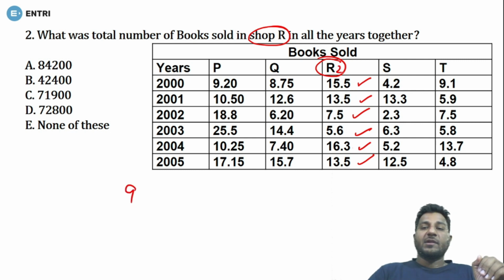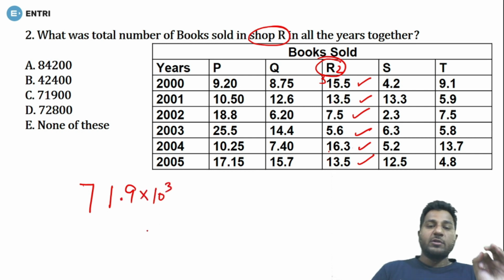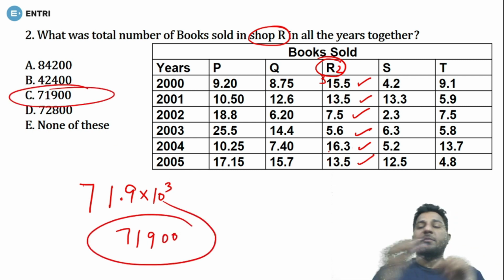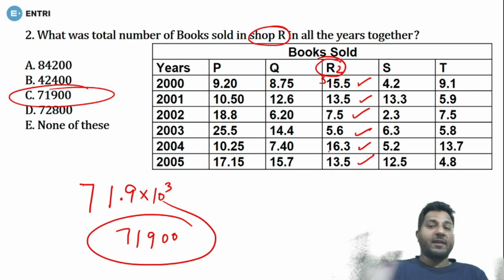So the carry will be 2. 7 3 10, 10 7 17, 17 5 22, 22 and 9 31. So 3 4 5 6 7, 7. Okay, and if you multiply it with 10 to the power 3, you will get 71900. So you can see your option C will be the correct one.